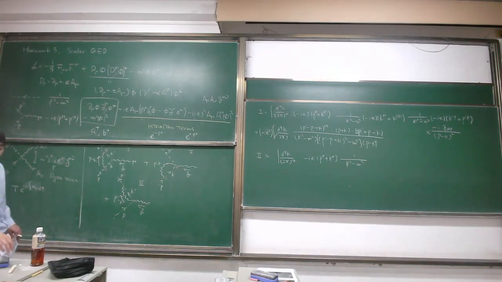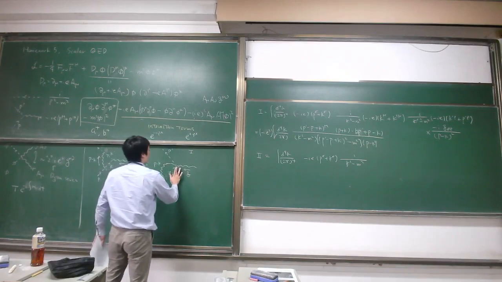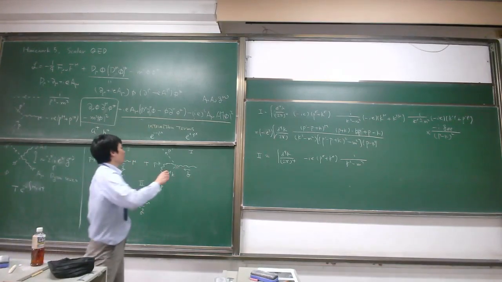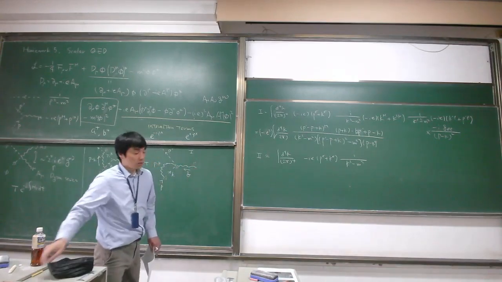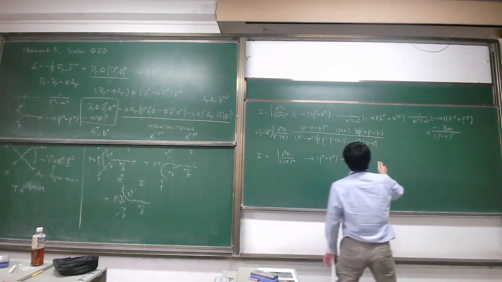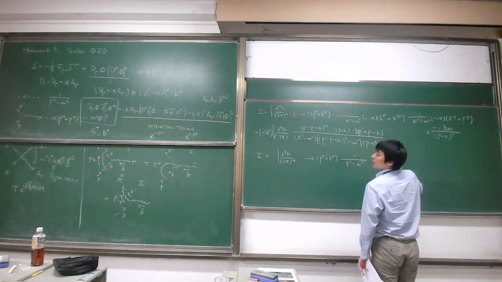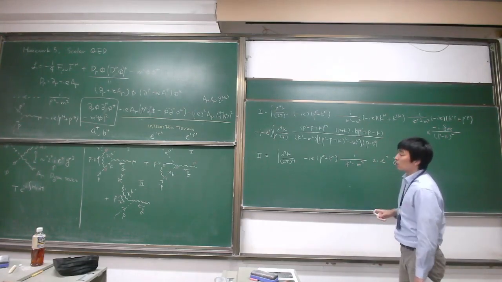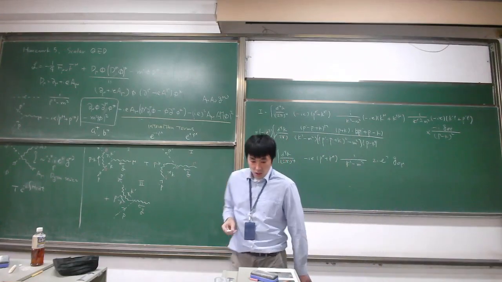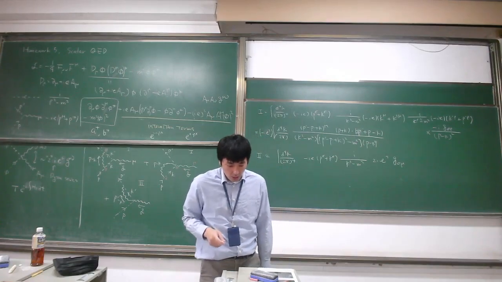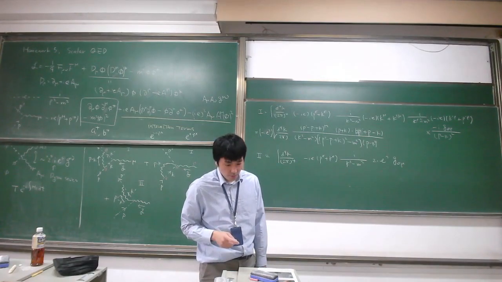So I think this should be mu. I mean, I call it mu here. So therefore, this diagram you have to apply. So therefore 2 i e squared g sigma mu. Is it okay? Sigma mu.